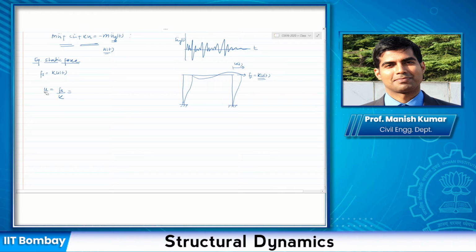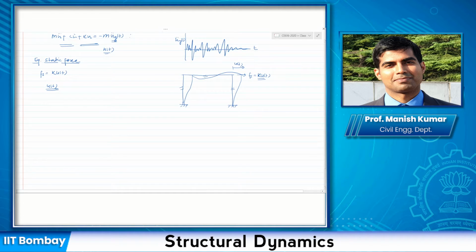So the equivalent static analysis is a procedure in which we first perform the dynamic analysis to get the displacement u(t). Once I've got u(t), I apply an equivalent static force at that time instant and then do the static analysis to find the forces in each of these members.